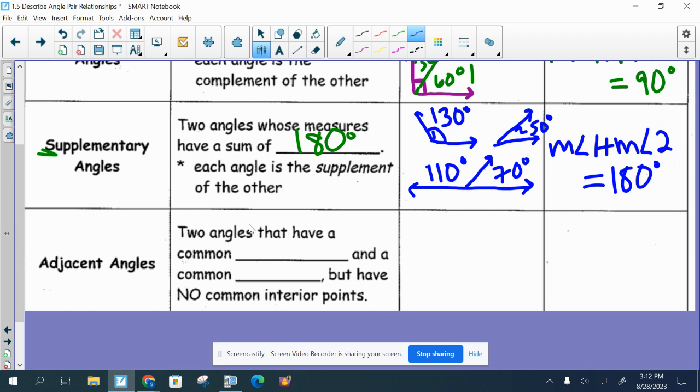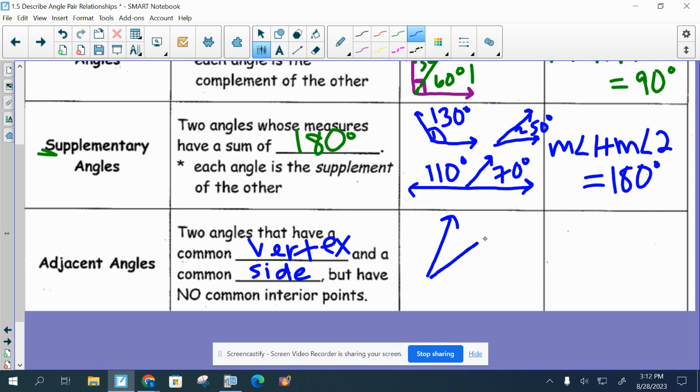Adjacent angles are two angles that have a common vertex and a common side, but no common interior points, which means basically that they don't overlap. Here's an example of adjacent angles.